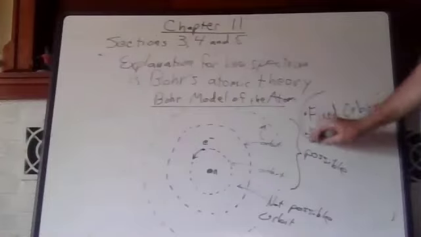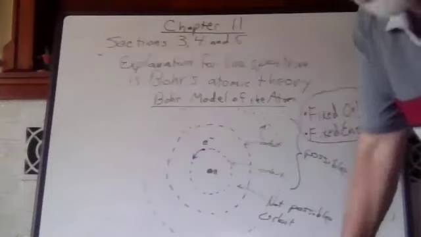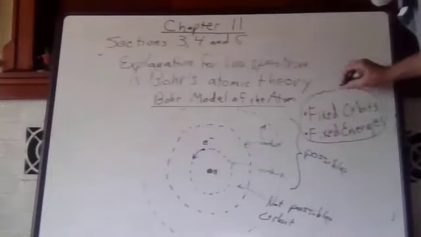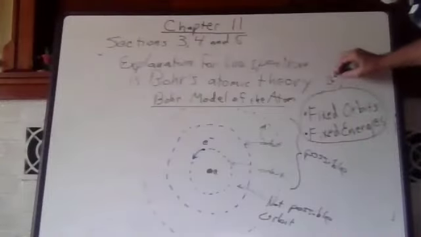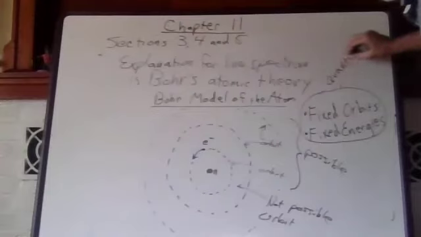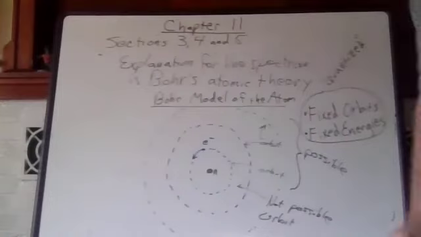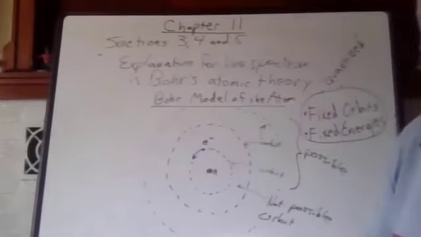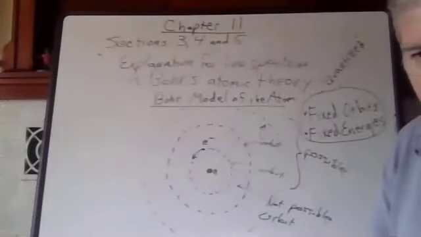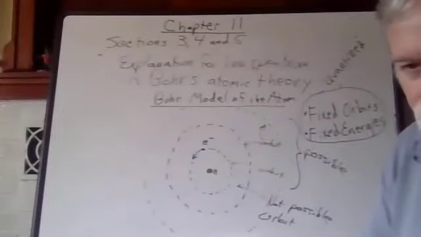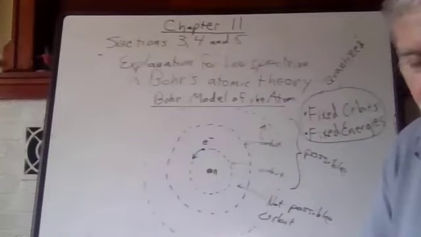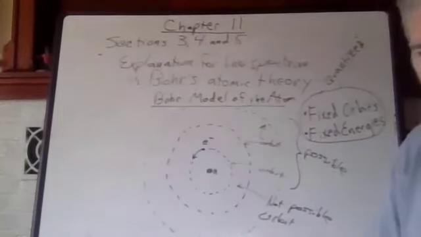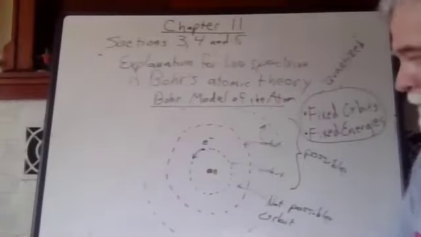And that combination, when you have fixed orbits and fixed energies, we say that it's quantized. So the Bohr model of the atom gives us quantized energy levels, quantized orbits. That doesn't mean it can't move from the orbit, but it means that if it does move, it has to go to another fixed orbit and fixed energy.